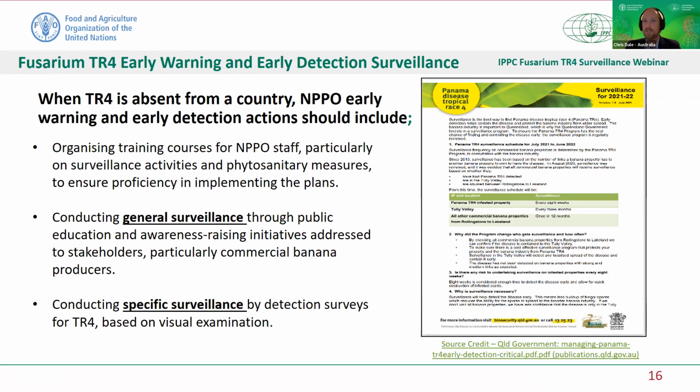It might be in some of those areas that are susceptible to natural pathway incursions. And it also might be in conducting surveillance in your near neighbour countries or supporting your neighbours to do surveillance so that they're also as prepared as possible.